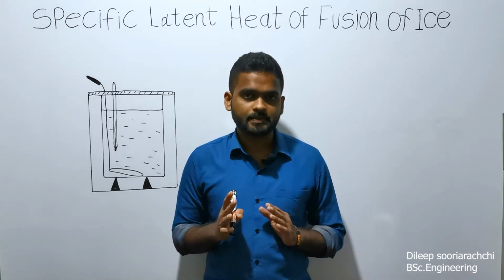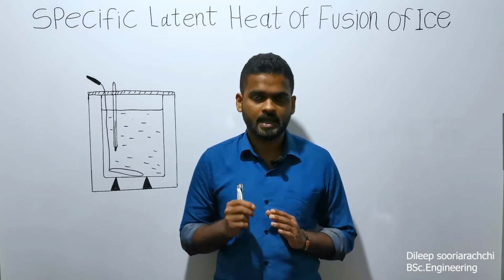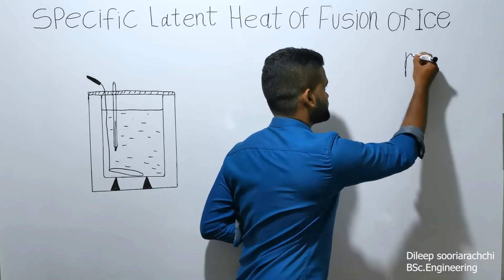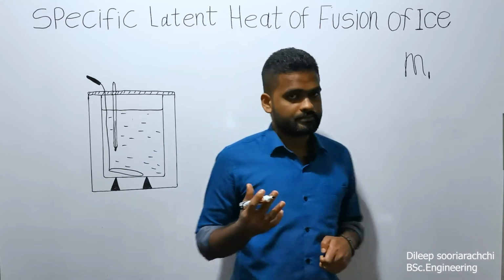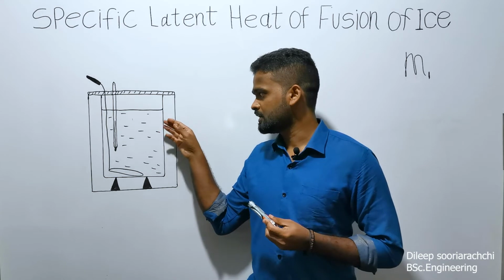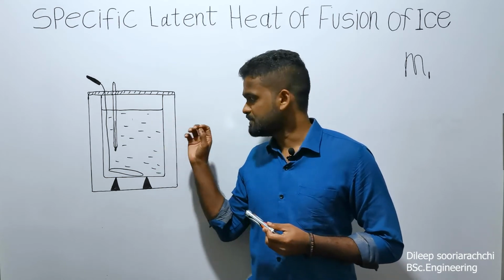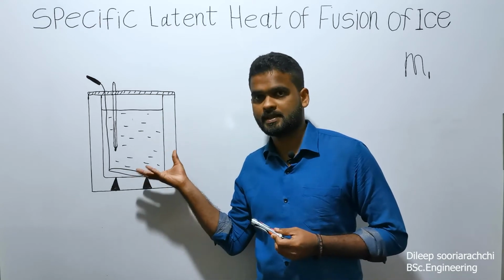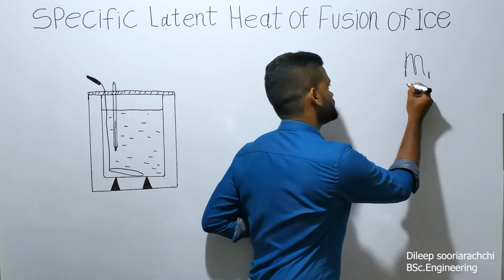Then let's consider how we are going to use those materials and apparatus. The first step is to measure the mass of the empty calorimeter. Let's say that measurement is M1. Then we fill this calorimeter about 2/3 of its volume and measure the mass of the calorimeter with water. Let's say that measurement is M2.